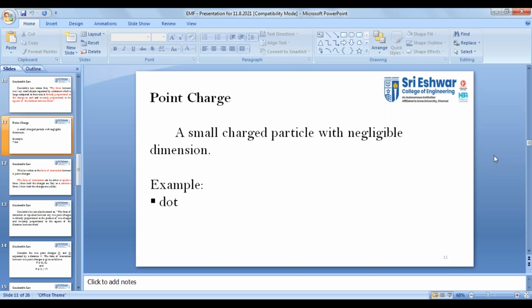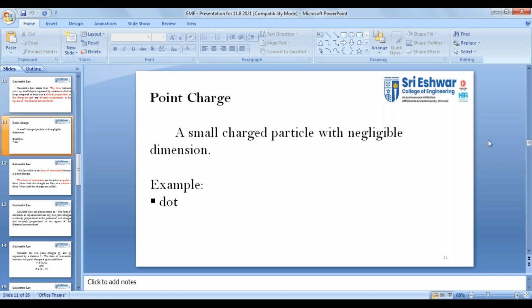Its radius or its diameter cannot be measured. We cannot measure them, so it has very negligible dimensions. That is what we call a point charge or dot charge. So now I have drawn Q1, Q2, and those two we can call point charges.